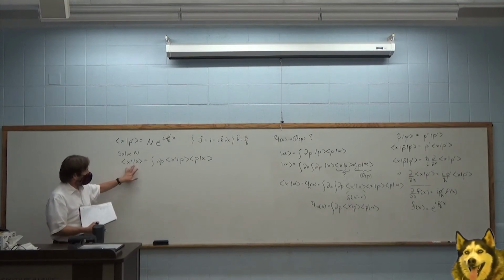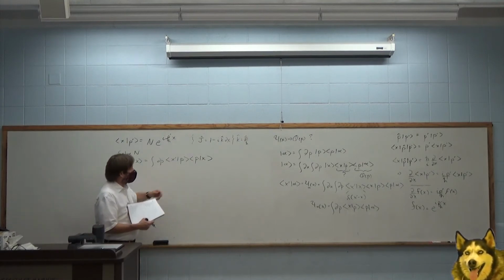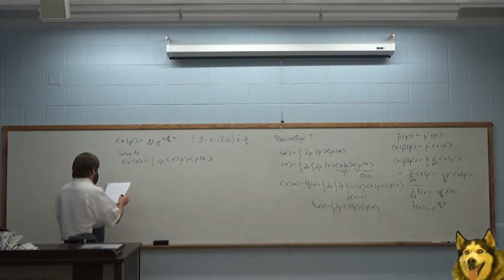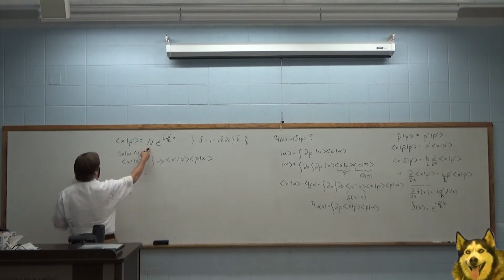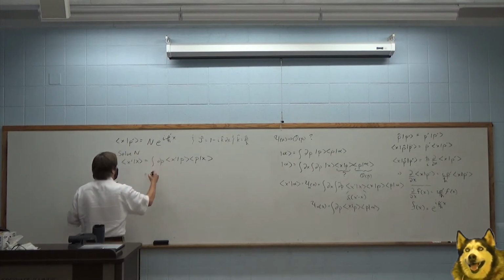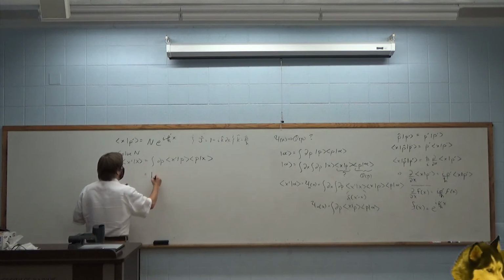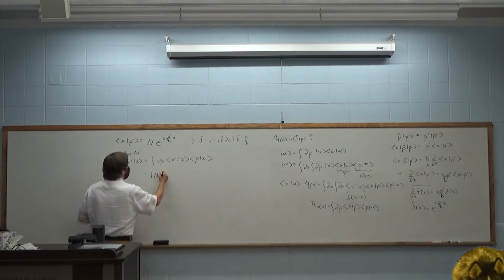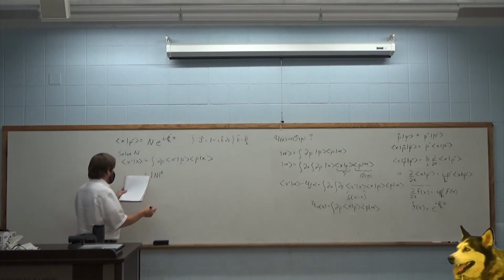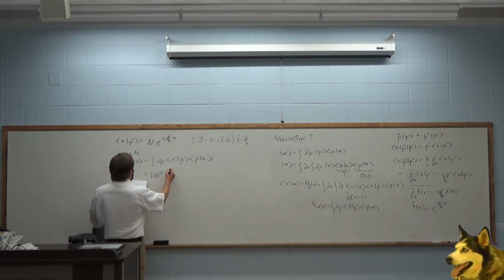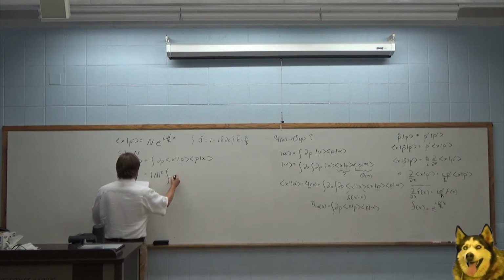Well, it's a delta function, but sure. I resolved an identity; I don't feel like making it a delta function yet. This could be complex, so this would be n star, that's n. You should know that a complex conjugate times itself is the absolute value. That can come out of the integral.